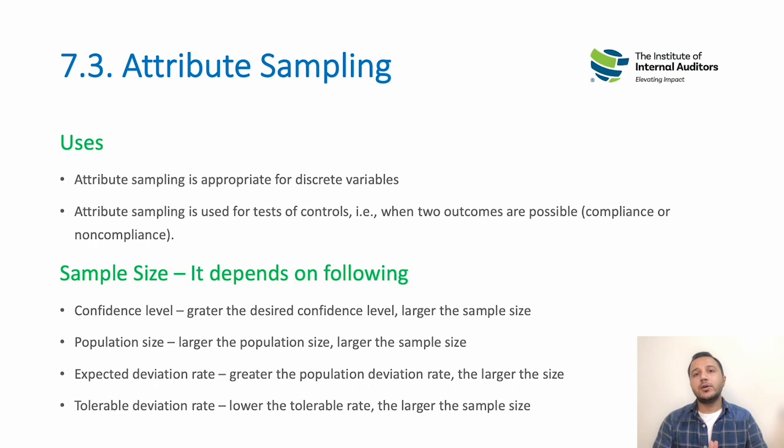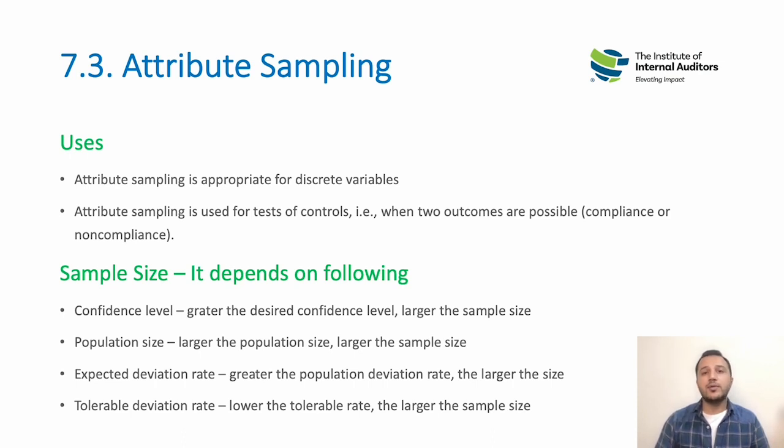Sample size depends on the following. There are different ways by which you can determine how big or small a sample size you have to take to carry out your audit procedures. Confidence level: if you want to achieve a greater confidence level, then you need a greater sample to give the opinion after reviewing that data. If the population size is bigger, then again you need a bigger sample size.